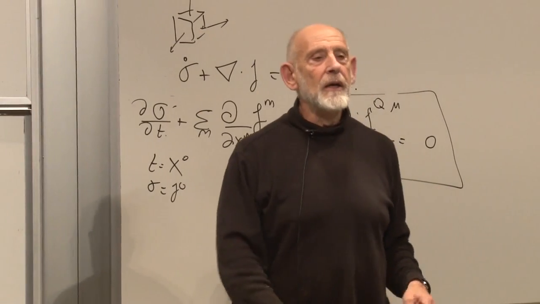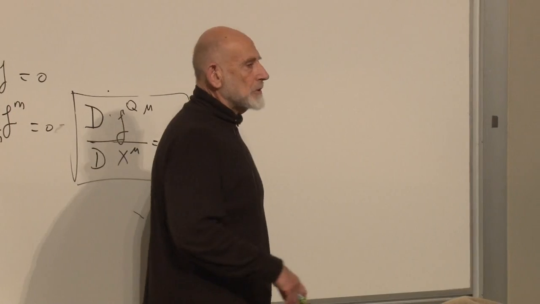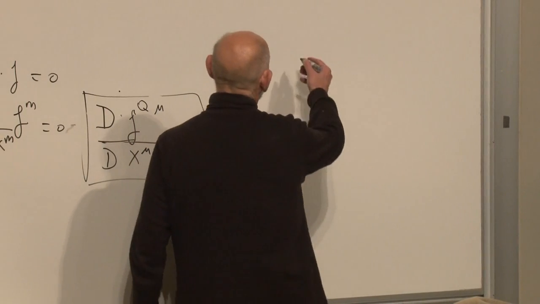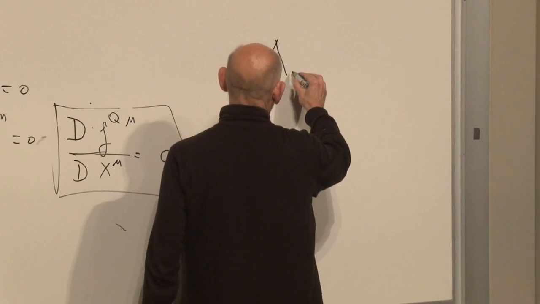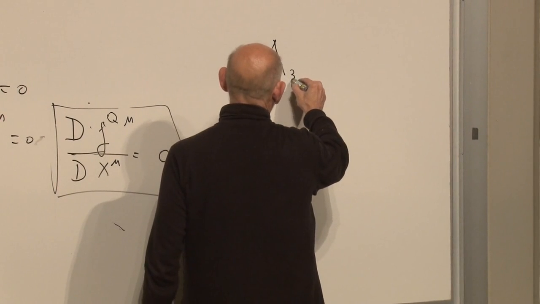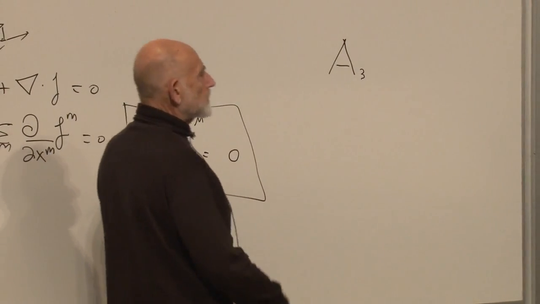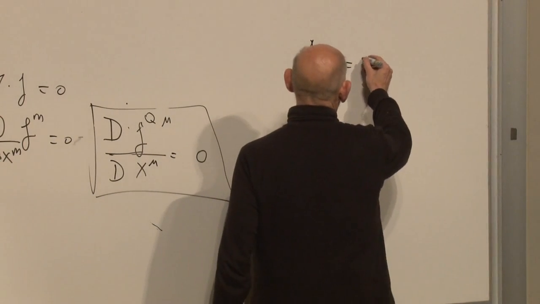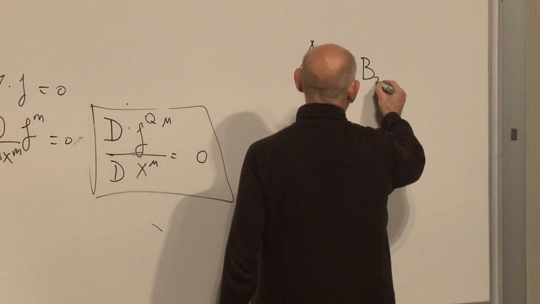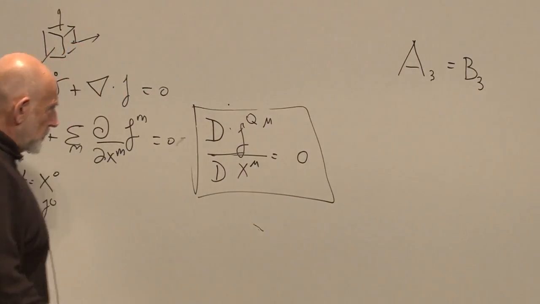Let's say that is an example. Let's take some particular component of a 4-vector A. Let's say A3. It's a 4-vector, and this is the third component of it. And I assert that there's a law of physics that says that A3 is equal to B3, 3 being the z direction.